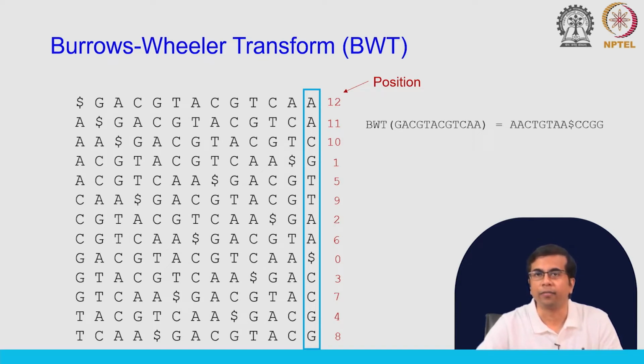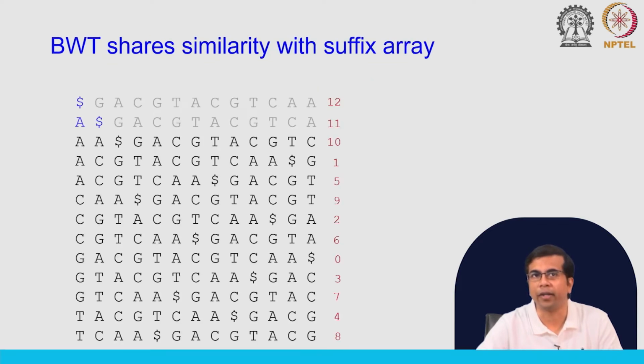Once we have this, what you can notice if you look carefully at this matrix, and first focus on the first two rows only, up to this dollar sign, is that these are actually the suffixes of the reference string.